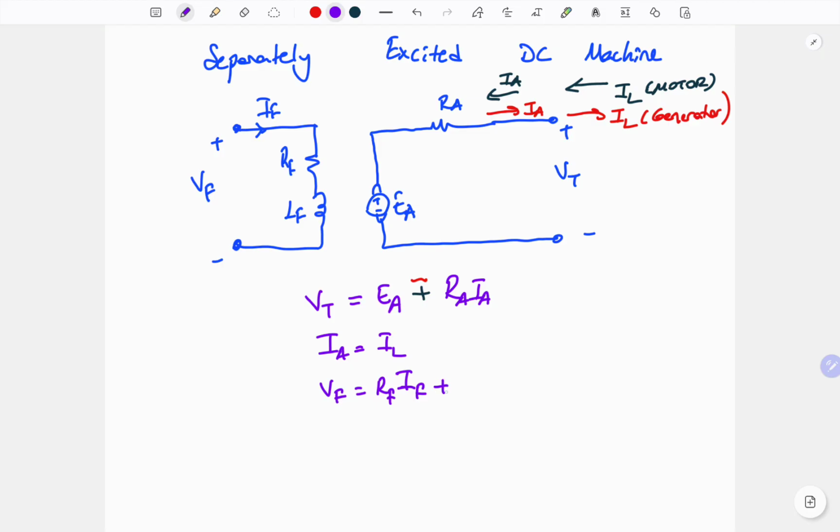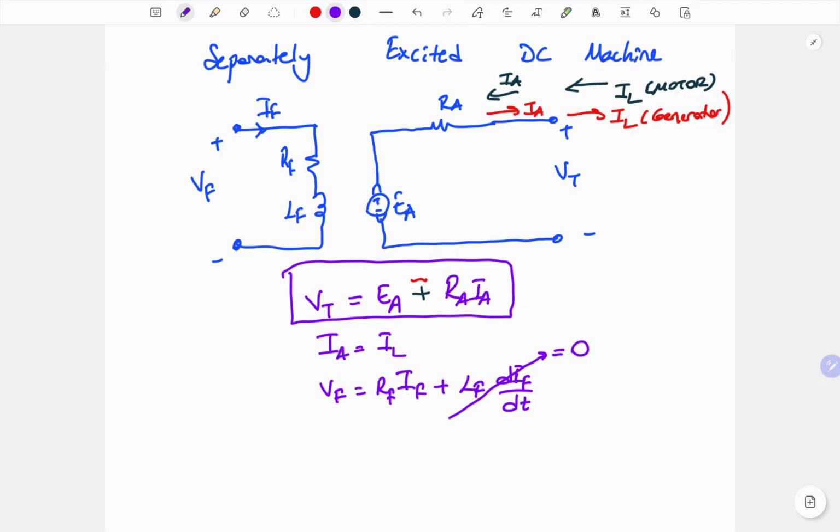In addition, we can write the inductance voltage drop, but during the steady state, that part must be zero. So in the motor and generator operation, we have different cases only in the first expression, positive and negative, because of the current reversal.